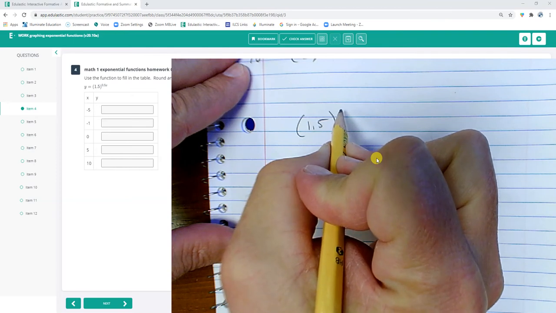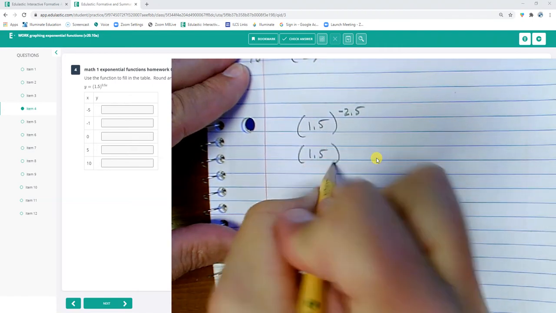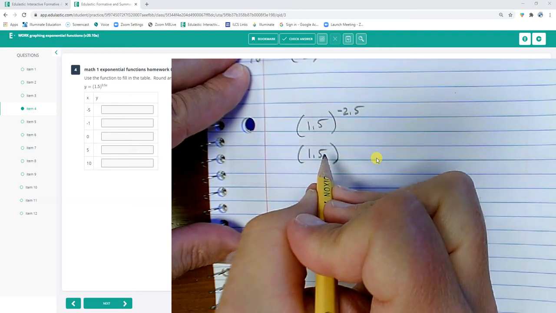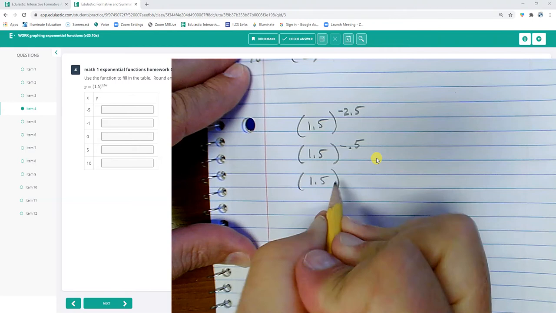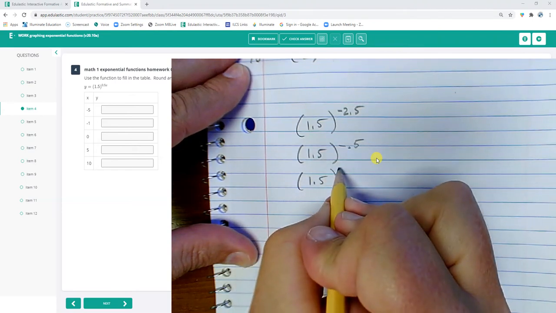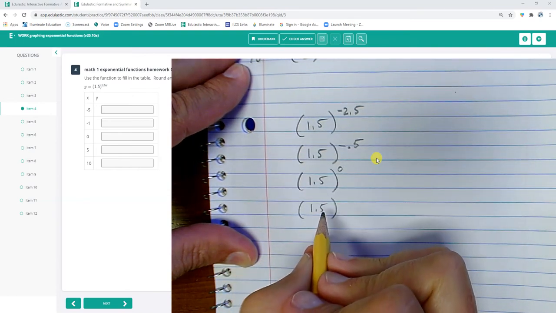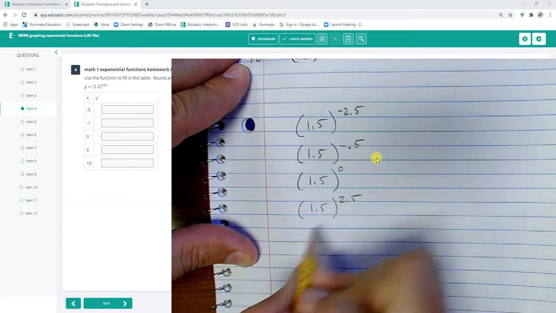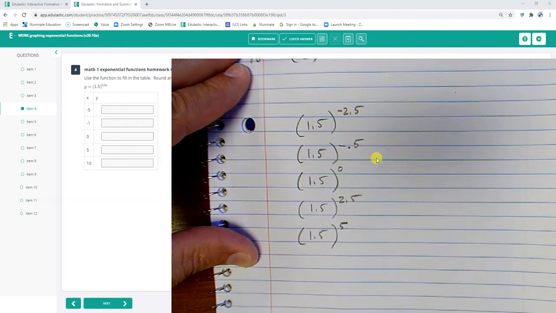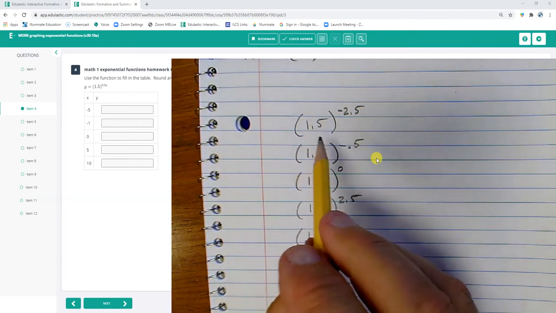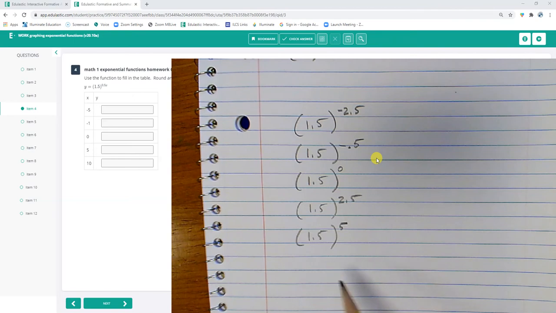So it's 0.5 times -5, which is -2.5. 1.5 raised to the -1 times 0.5 is -0.5. 1.5 raised to the 0 power, so that's going to be 0. 1.5 raised to the 5 times 0.5, which is 2.5, and 1.5 raised to the 10 times 0.5 is 5. So what I'm doing is I'm just going 0.5 times negative 5, 0.5 times negative 1, 0.5 times 0, 0.5 times 5, 0.5 times 10 to get those exponents.